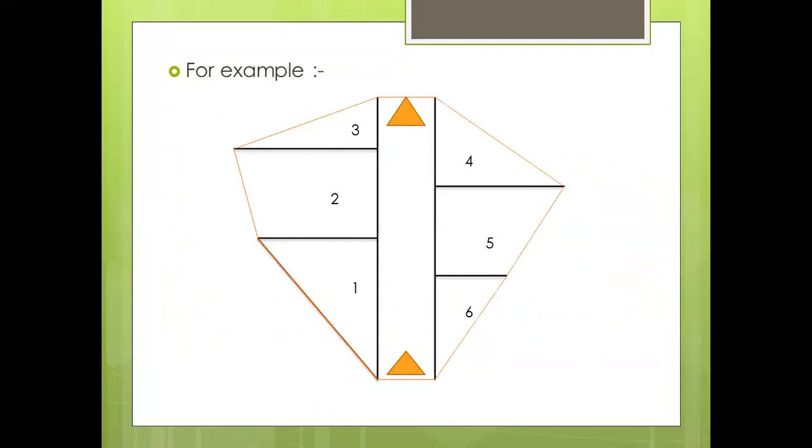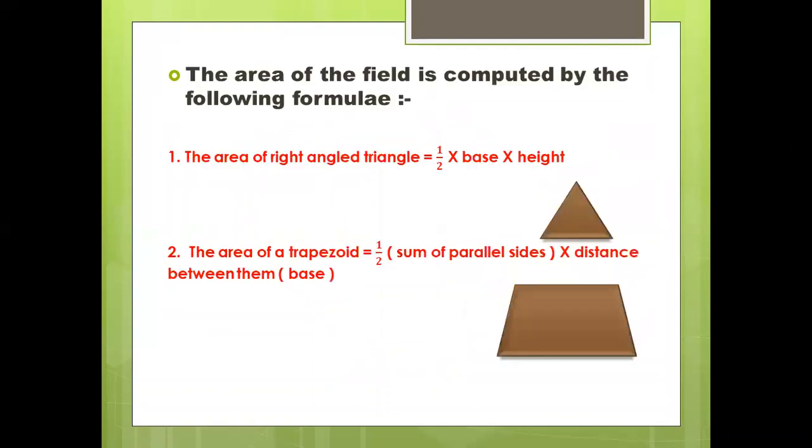Then let's see some examples. So you can see here the example. Suppose here is one object, and we have offset that object and we want to calculate the area between this. So we have divided this area into triangles and trapezoids.